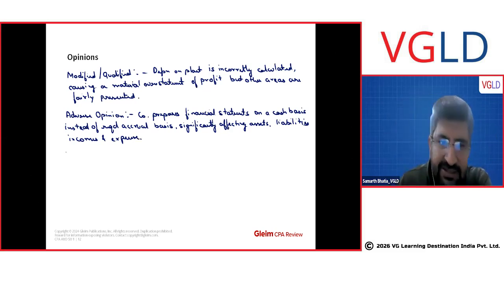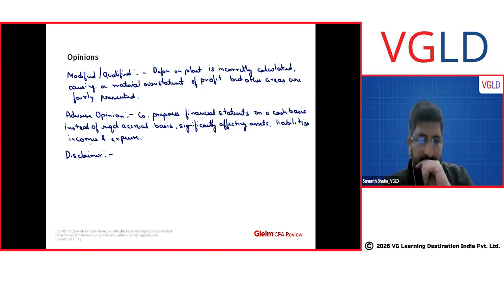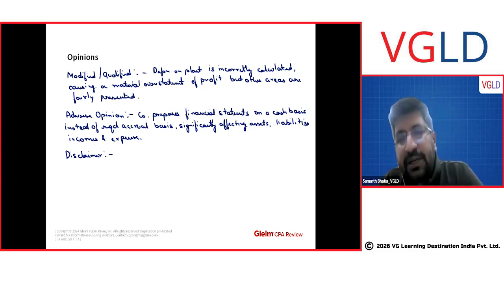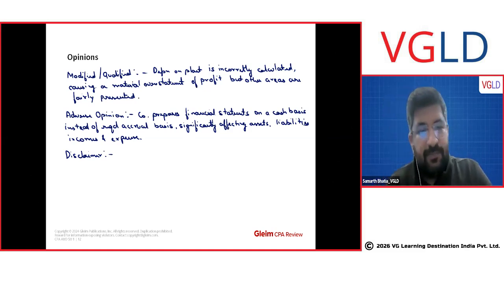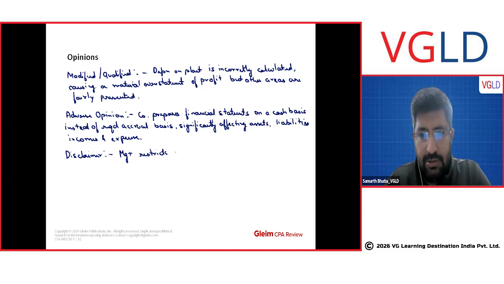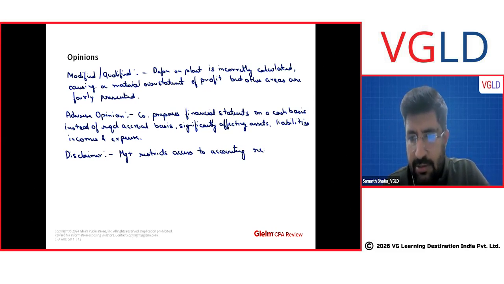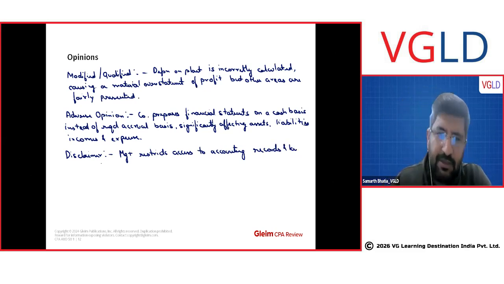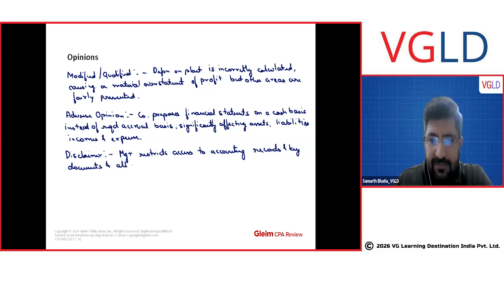The next is disclaimer. Suppose management restricts access to accounting records and key documents, and alternative audit procedures are not possible.